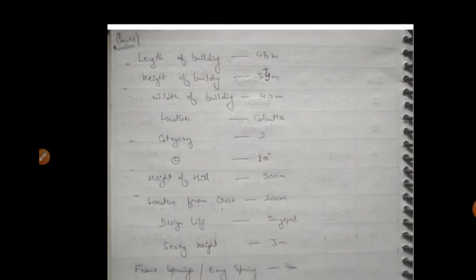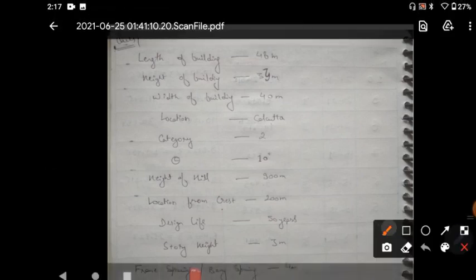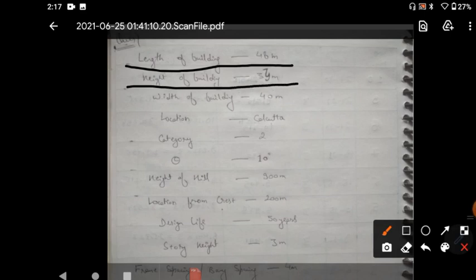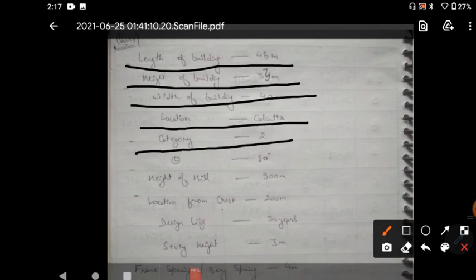According to this question, some of the dimensions given to us are: length of building is 48 meter, height of building is 33 meter, width of building is 40 meter, and the location is in Calcutta, so it lies in category 2. And now this is the basic parameter which I am just going to discuss today.